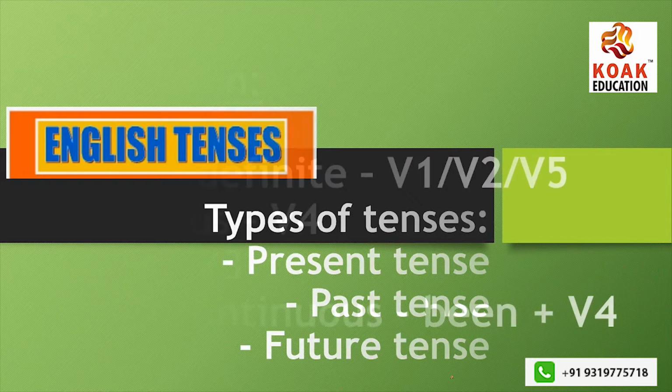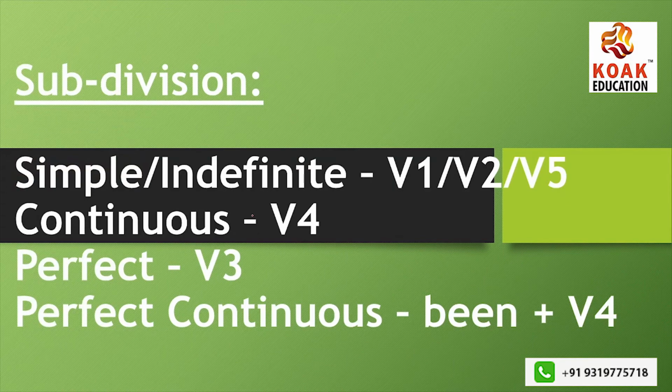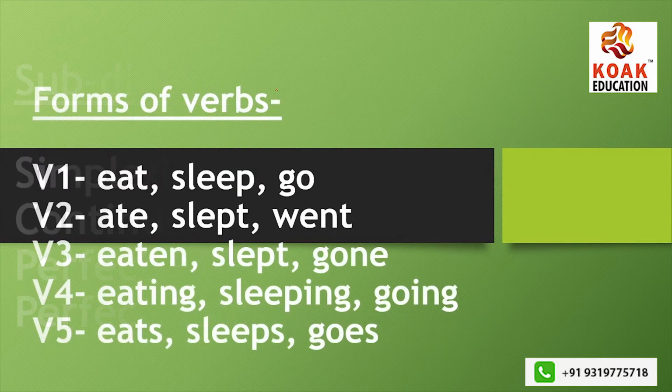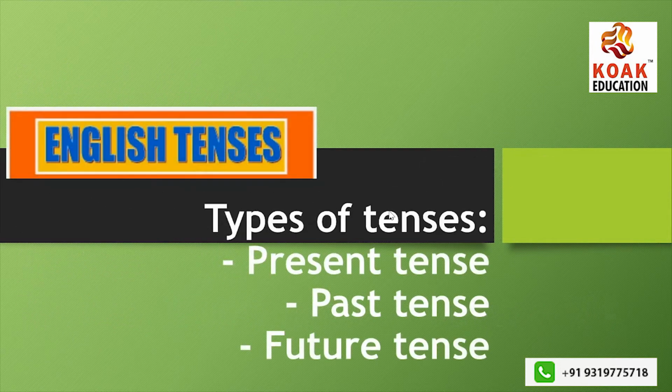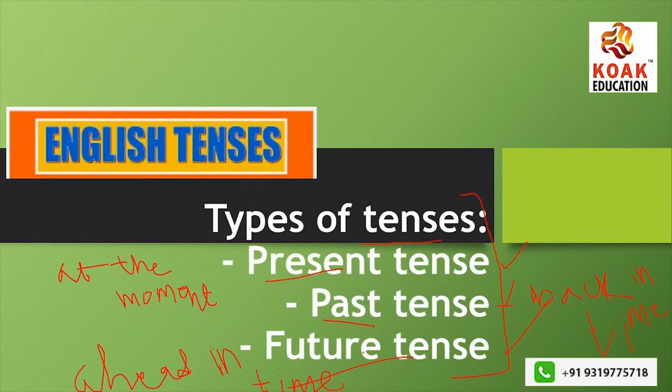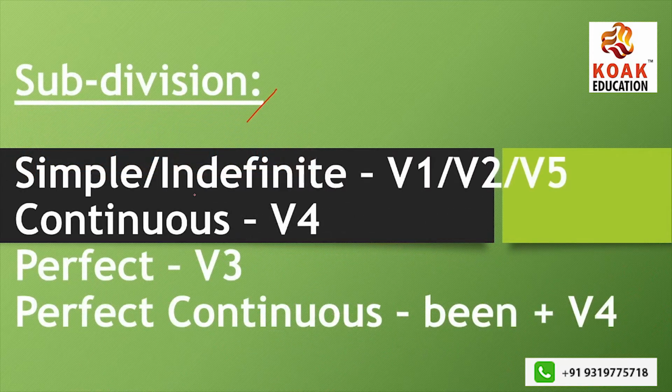Let's move ahead and talk about their subdivisions. Simple to understand, but you need to understand this clearly. These three tenses, present, past, and future, are further subdivided into simple or indefinite tense, continuous tense, perfect tense, and perfect continuous tense.